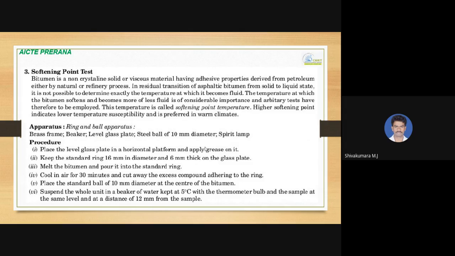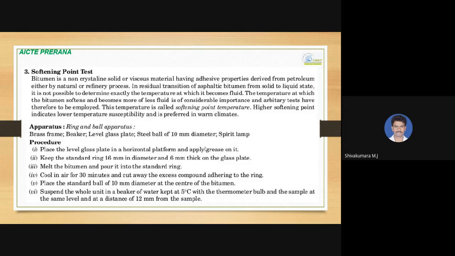The apparatus required for conducting this test: a ring and ball apparatus, a brass frame, a beaker, a level glass plate, a steel ball of 10 millimeter diameter, and a spirit lamp.